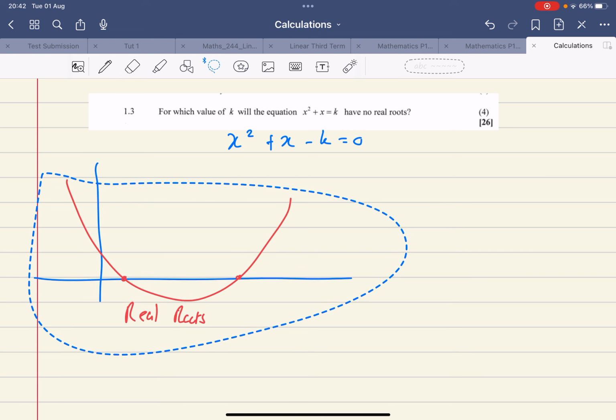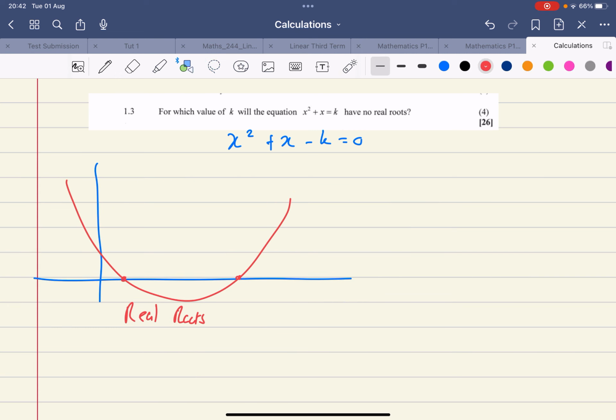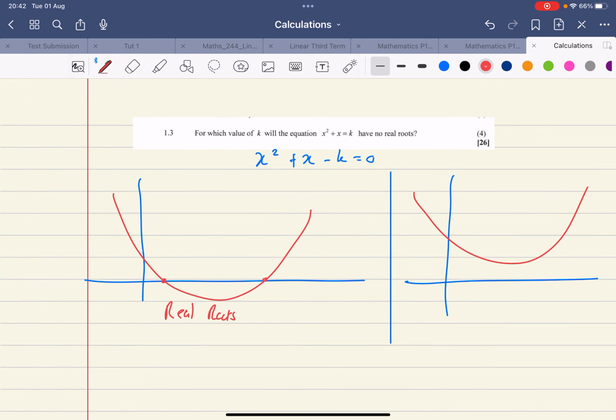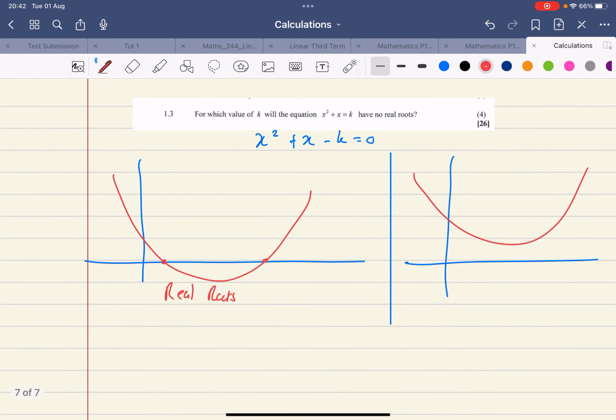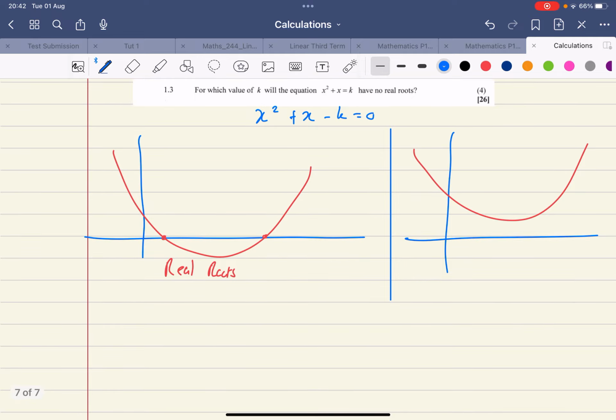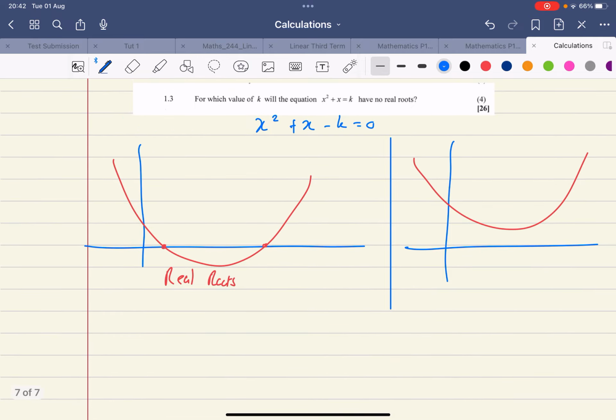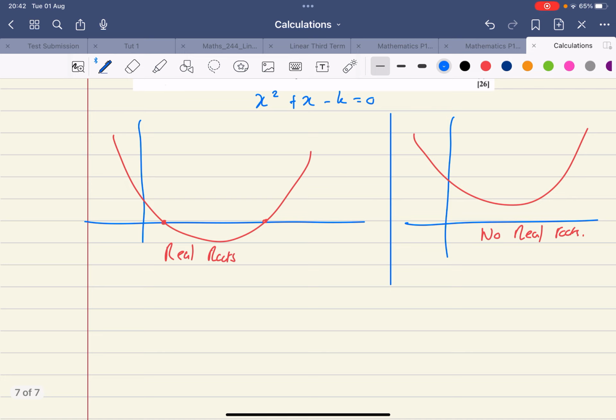Whereas a function, a parabola without real roots, it just means that it doesn't cut the x-axis. So it looks something like that. Okay, so now that you can kind of visualize what it means to have real roots or not, let's jump into how we can solve this.